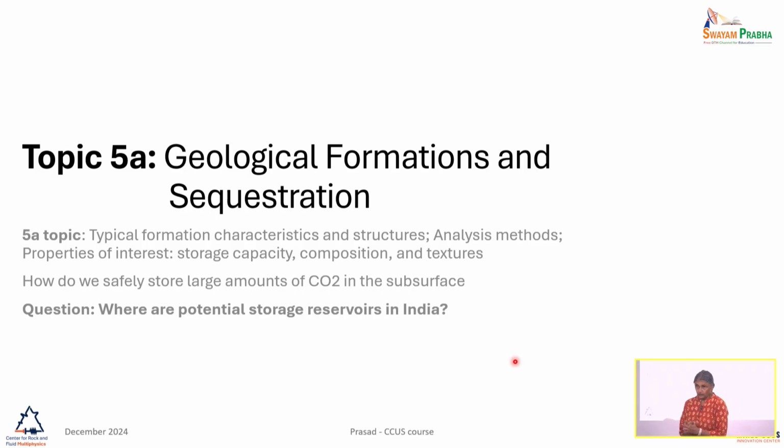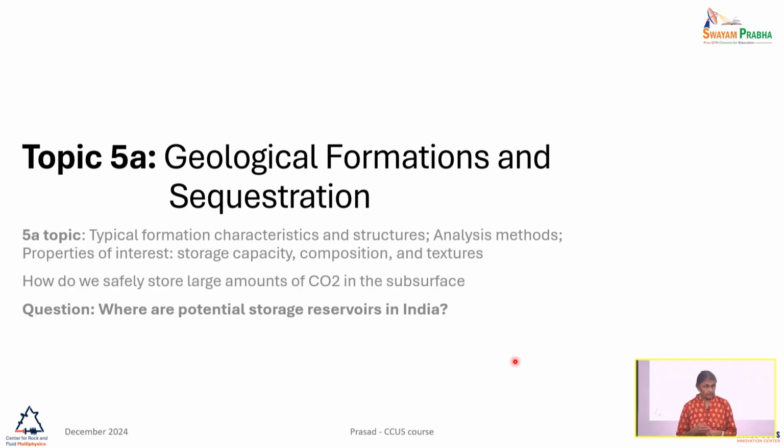So first of all, where do we store, right? We've been talking about formations and we've said we have different types of formations. So what are the properties of geologic formations that make them useful for large scale storage? We're not talking about storage in tons or kilotons. We're talking about storage in millions of tons. So what do we need?